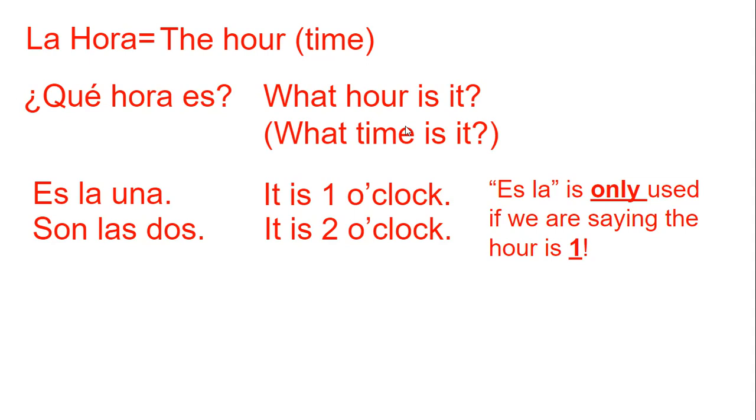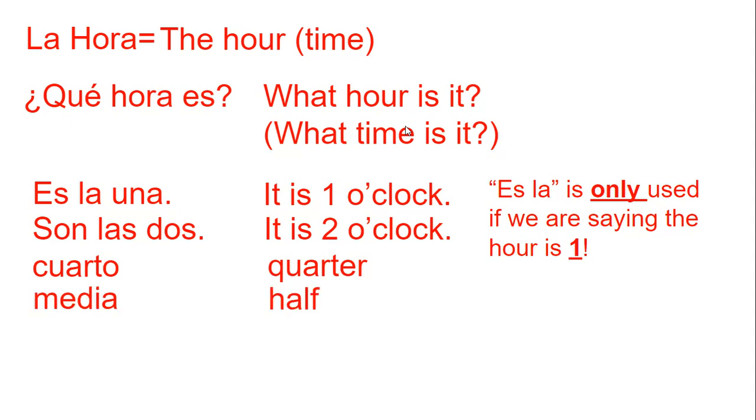In English, when we're telling time, we don't always just use number words. We use some special words sometimes like quarter and half. It's quarter after 2, it's half past 4. So in Spanish, we also have those special words. Cuarto is quarter, and media is half.